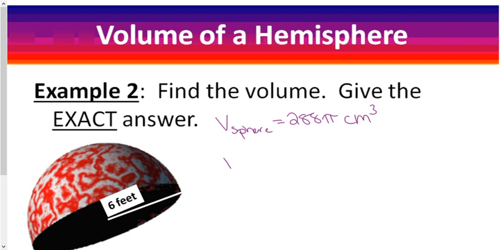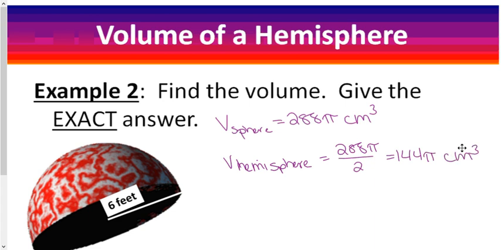So to find the volume of a hemisphere, that's an H by the way, not an N, you're going to take the volume of the sphere, 288 pi, and since this is half the volume of a sphere, you're just going to divide it by 2. And you get 144 pi centimeters cubed.